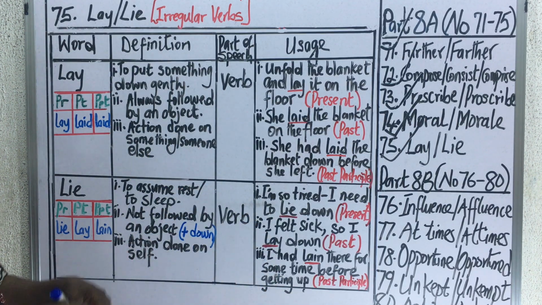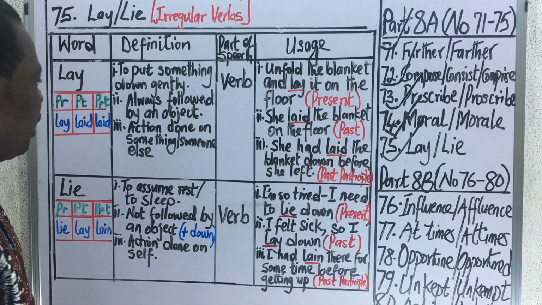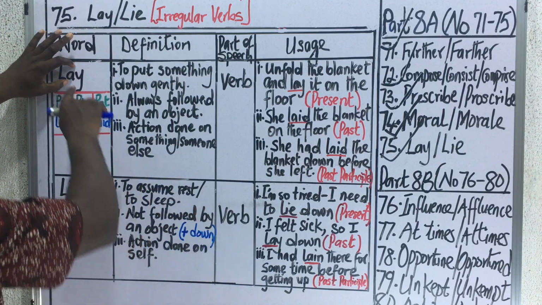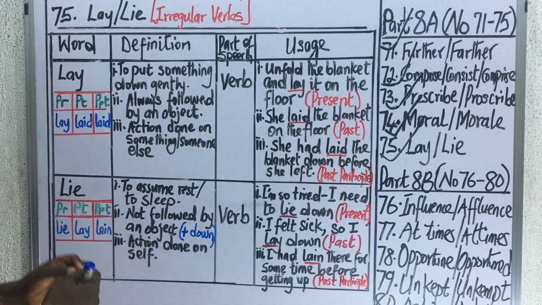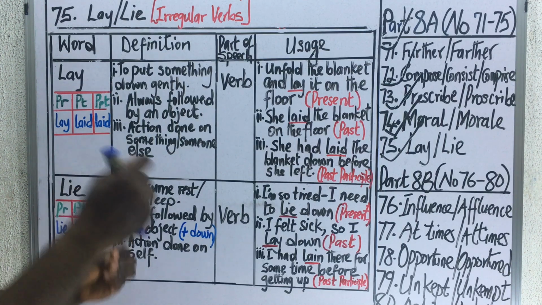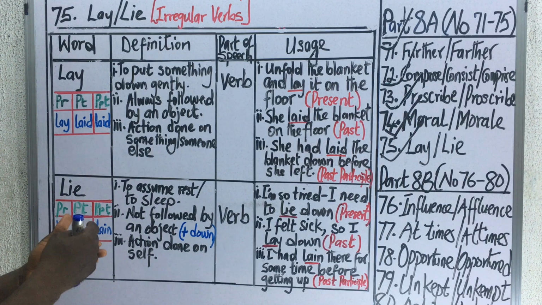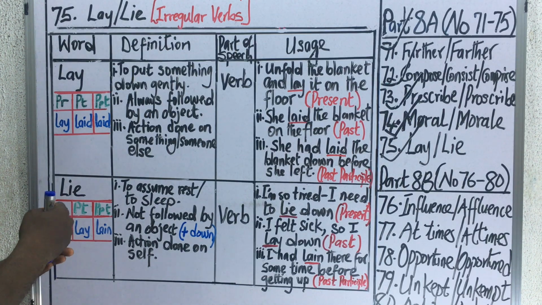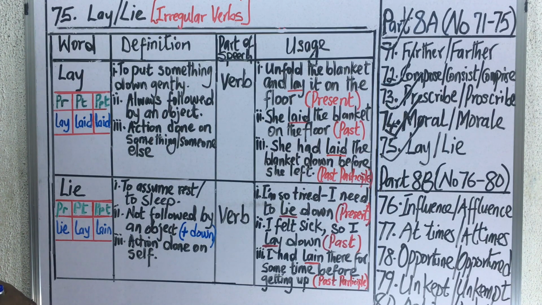Or you talk about laying a book on a table, that is correct as well. So whenever this word lay is used, it is always followed by an object. In that sense, we say that it is a transitive verb. A transitive verb is the type of verb that transmits action to an object in an expression.